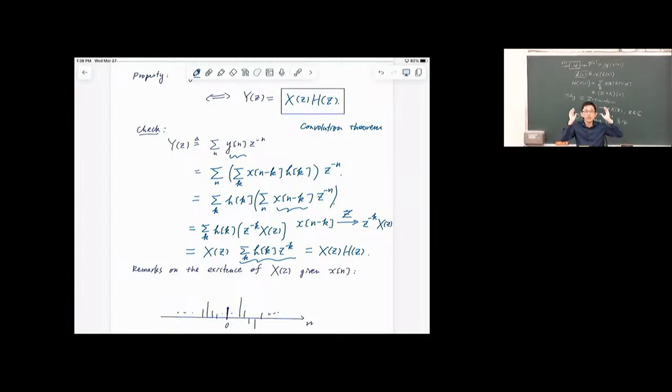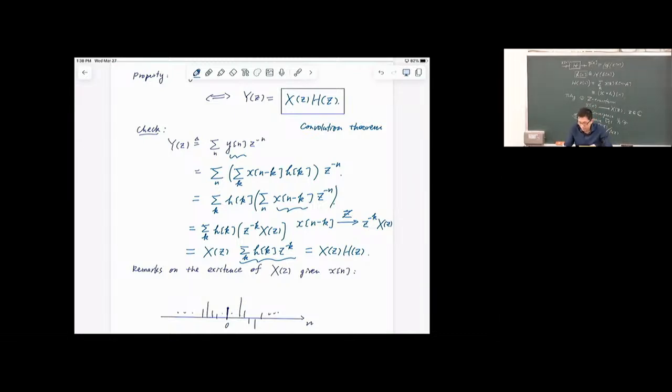When we have a signal x and a signal h, of course, they can always convolve in time. Convolution in time is always well defined. But when we go to the z domain, this convolution theorem holds only in a region where both X of z and H of z converge.